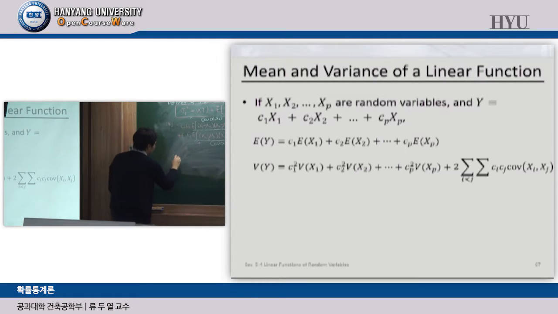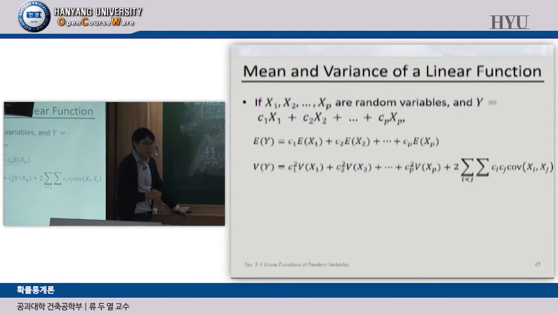So this can be rewritten as the double summation, okay, of i from 1 to p and j from 1 to p, c_i, c_j, covariance of X_i, X_j, right? Okay? And in here, these two terms are the same equation, right?